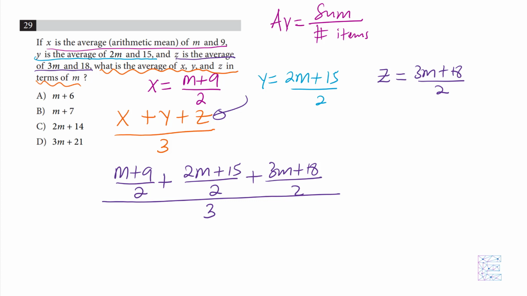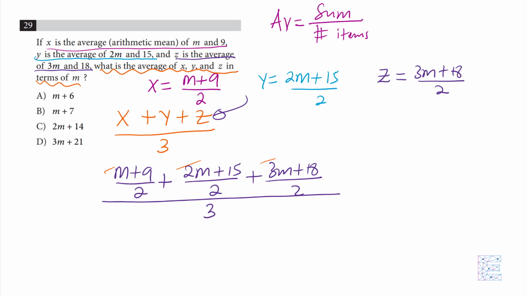So let's go ahead and try to do this problem. Focusing again on this numerator, we are lucky because every one of those fractions has a denominator of 2, so we have a common denominator. That means we can combine these like terms. So m plus 2m plus 3m is 6m.